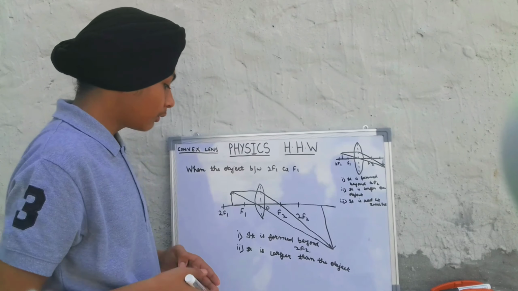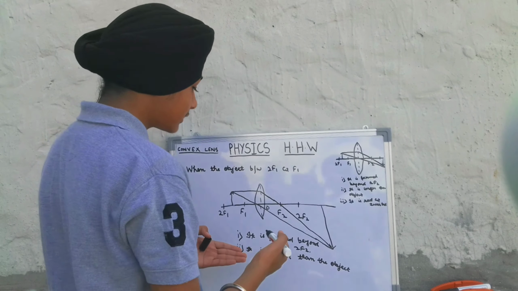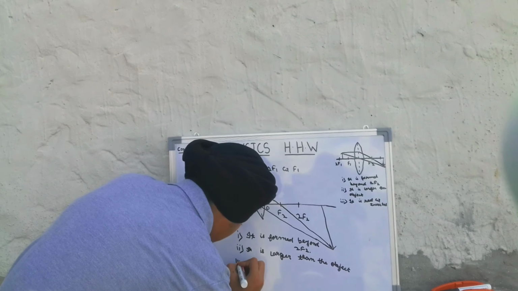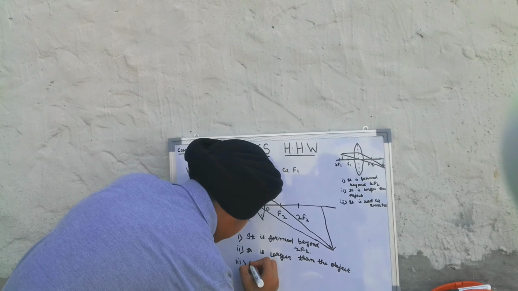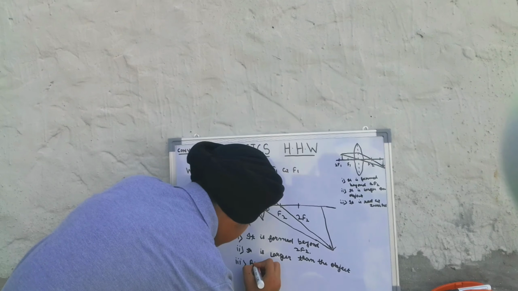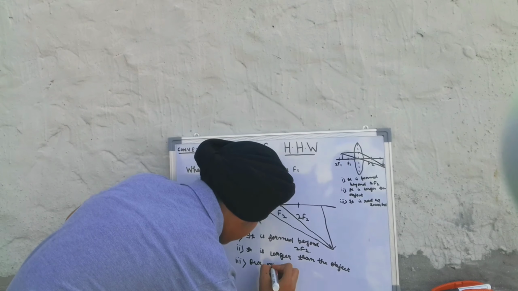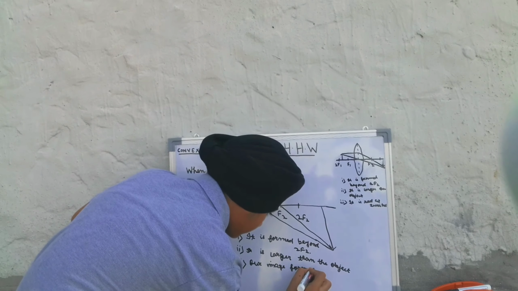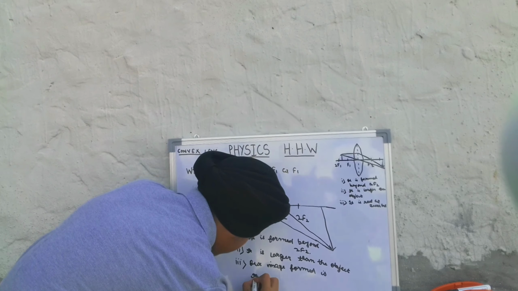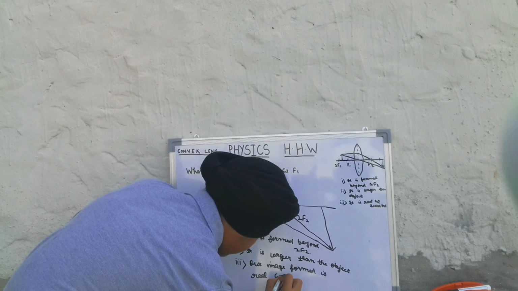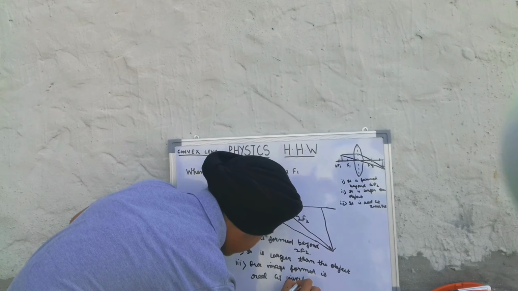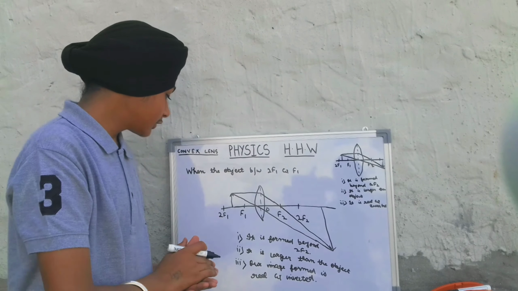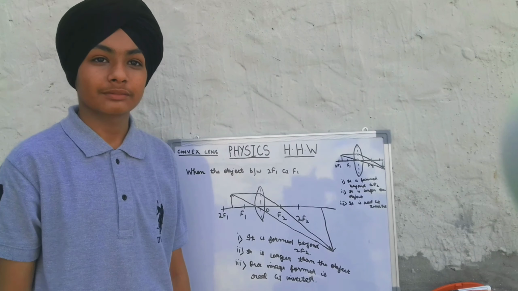And our last point about this image is that this image is real and inverted. So here our first image is completed.